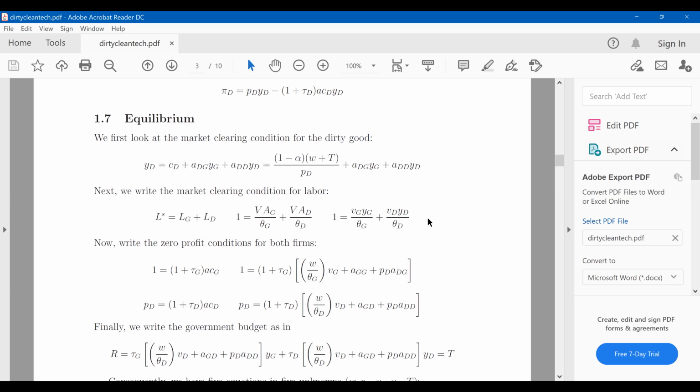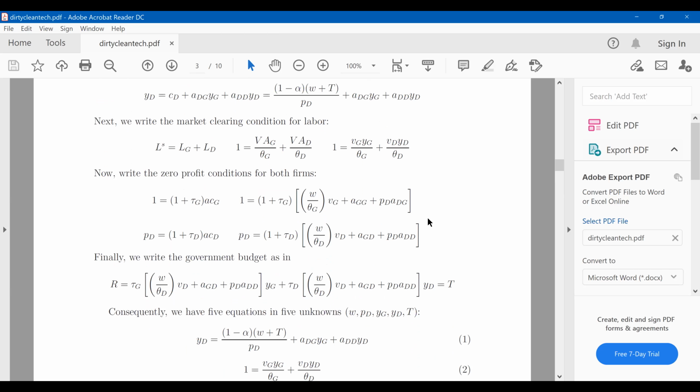Okay. Now, what else we have? Of course, we have zero profit conditions, right? Now, remember that these zero profit conditions are expressed in this way. So price of value added will be written. So this is price of value added, right? The terms in the brackets.